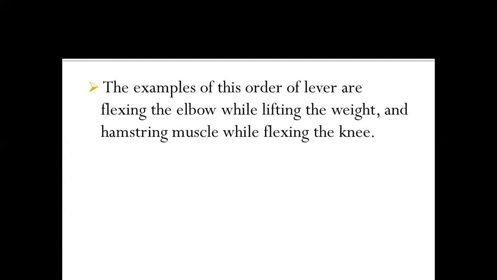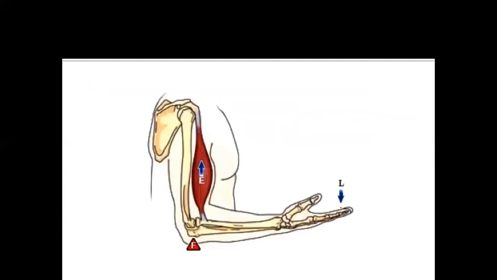So as we can see here, when we are lifting any weight in the hand, then the fulcrum would be the elbow joint. The weight would be placed here on the hand and effort would be supplied from the contraction of the biceps muscle.